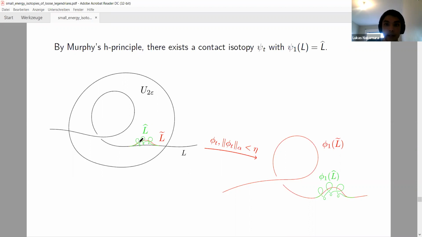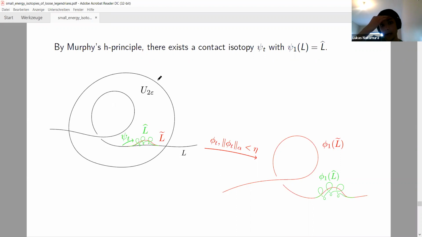So we can find this isotopy which maps L to L hat, and because the perturbation from L to L tilde and then the approximation L hat can all be assumed to have support in this ball, and also the loose chart is contained in this ball, we can actually assume that this isotopy psi has support contained inside this ball here.